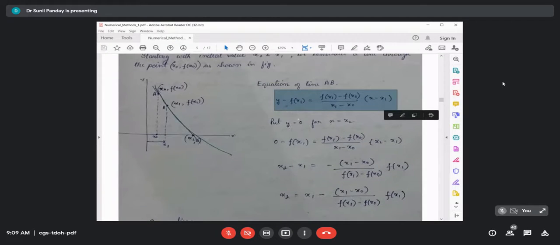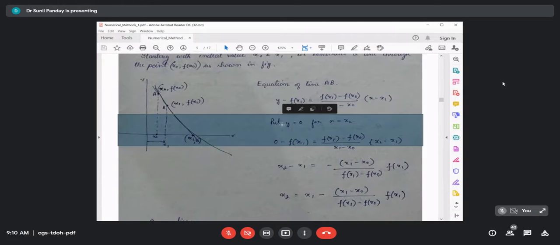Since we are trying to find the roots of the function f of x, we want those values of x for which y is 0. So it's like a false assumption. We are assuming that when y equals 0, this f of x2 is also 0, although that is not true.